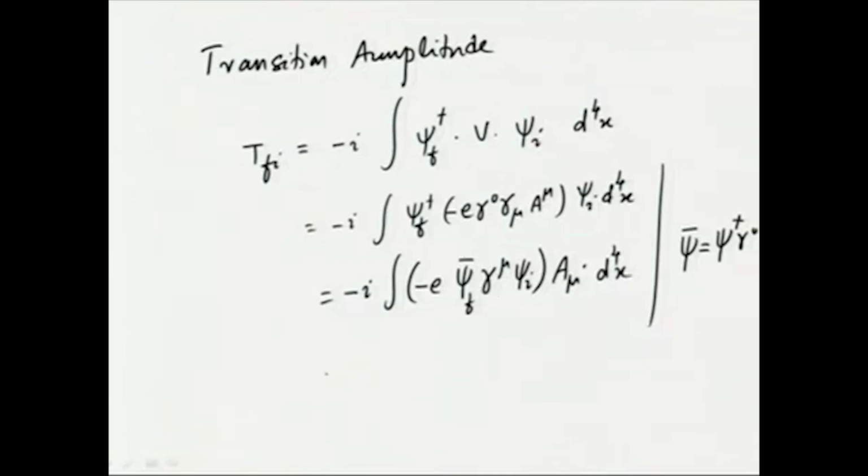This is nothing but j f i mu A mu d4x. So the transition amplitude is exactly in the same form as we had earlier, with this j mu now defined in this fashion.